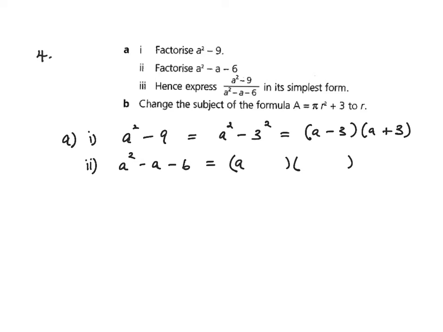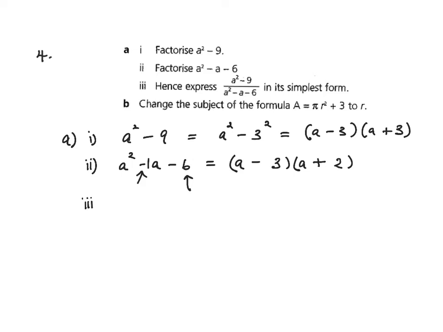So a and a. Now, we want the factors of 6 that will allow us to get a 1 for the 1a here. And the factors we're going to choose are 3 and 2. 3 times 2 gives us 6, but 3 take away 2, or 2 take away 3 will give us a minus 1. So we want a minus 1a. That's going to be a minus 3 and a plus 2.